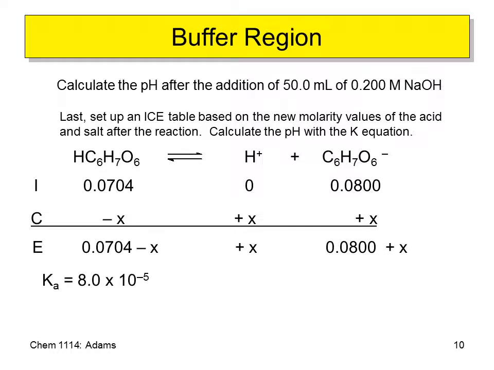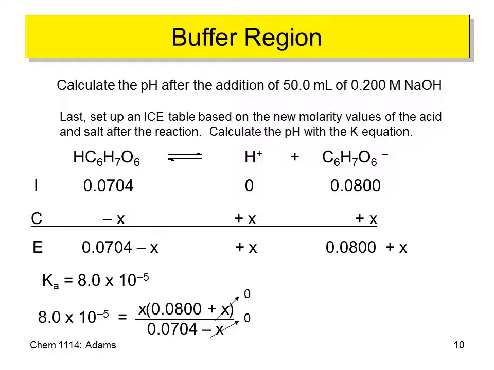Then for step 4, I'm going to use the Ka and calculate a pH. Again, the Ka hasn't changed. It is a constant for ascorbic acid. And I'm going to set it to the concentration of the products divided by the concentration of the reactants.